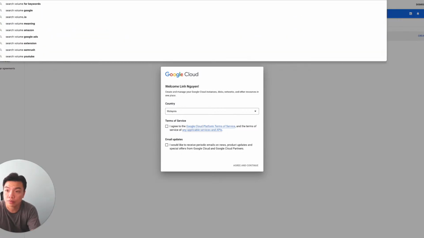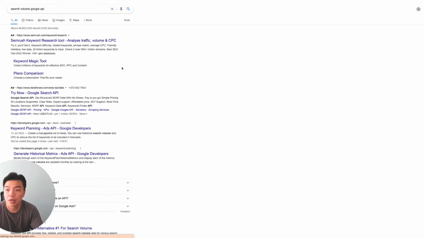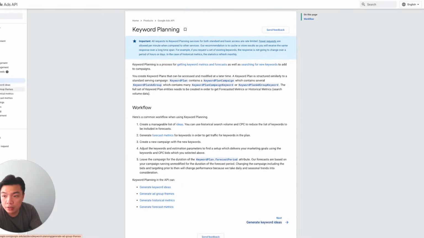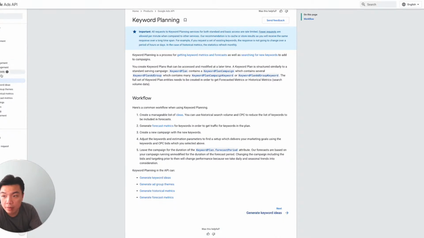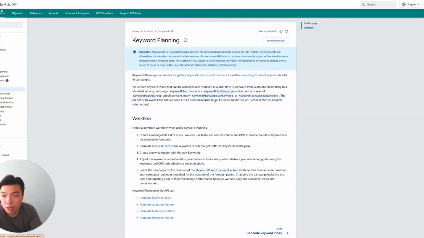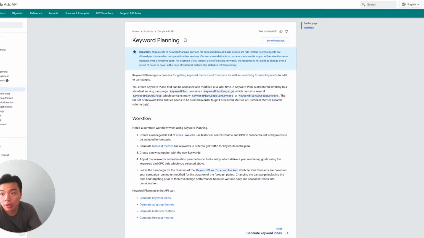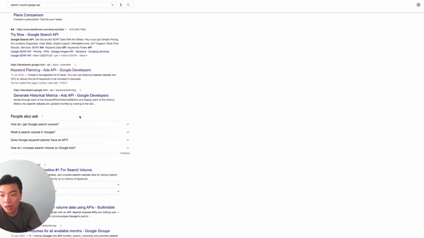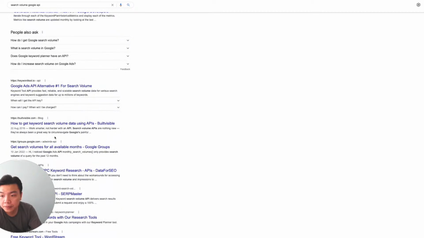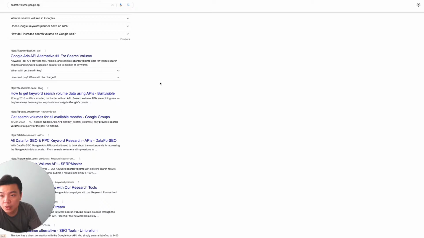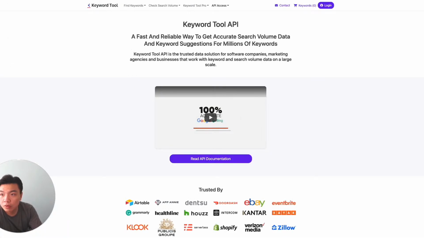Search volume API. Keyword planning. So over here, as you can see, these are all ad, asset, billing, campaign. Oh, this is Google Ads, but anyway, it should have historical metrics, generate forecast, all this stuff. So this is where we get our API for keywords.